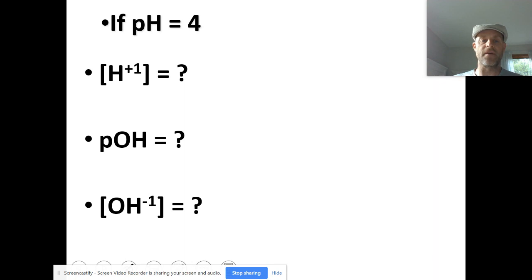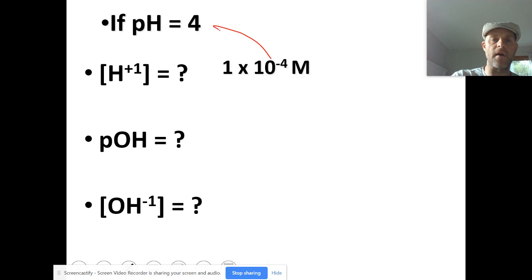Let's see if we can do some more. If pH equals 4, we know the pH, so what is the concentration of H plus ions? Because it's 4, I don't even need my calculator.